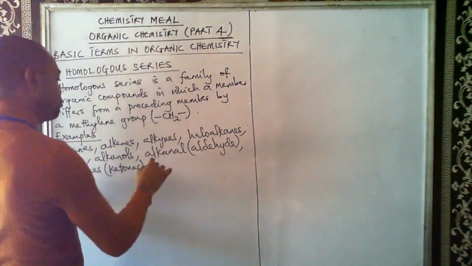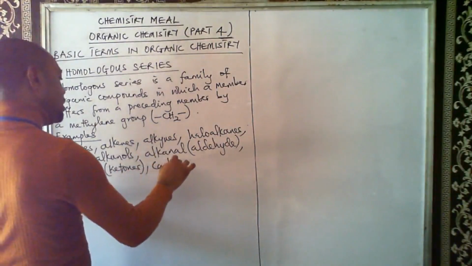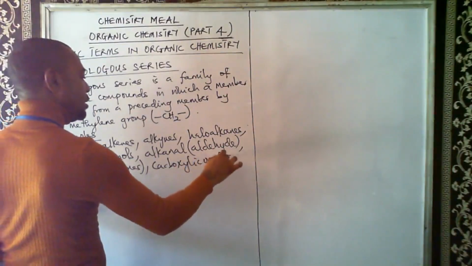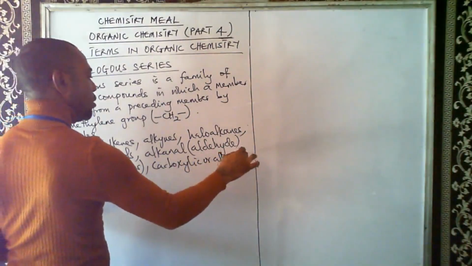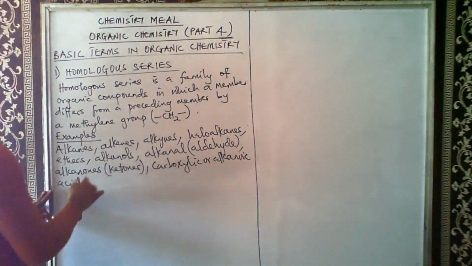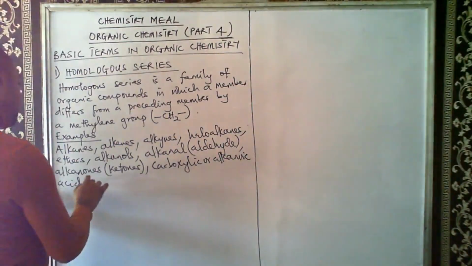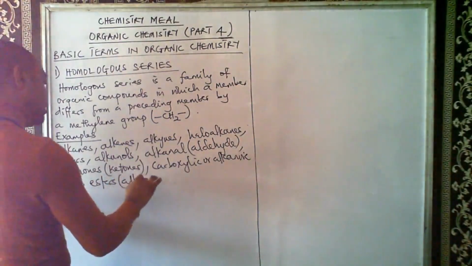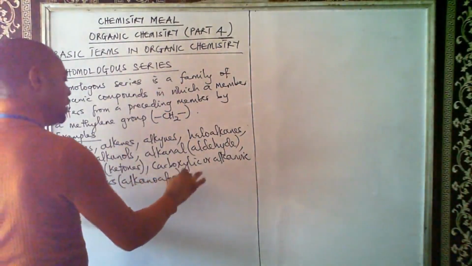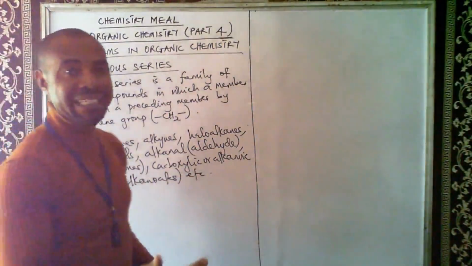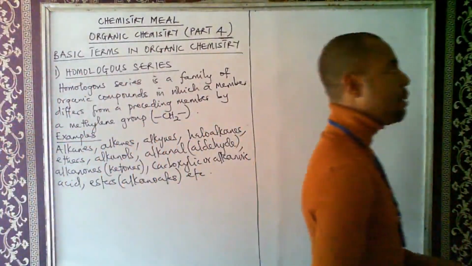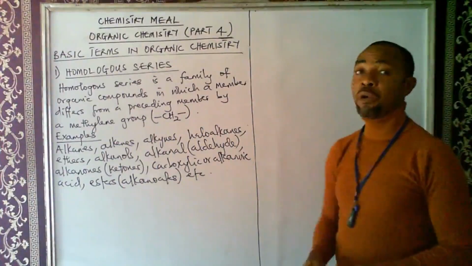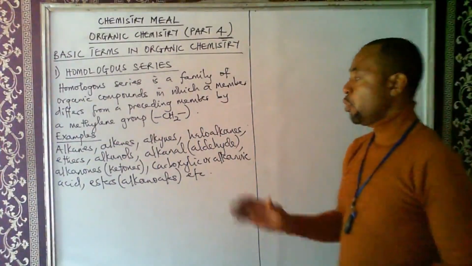Then we have the carboxylic acid, or the alkanoic acid. We have the esters, which you also call the alkanoates, and so on. We have the amides and the nitriles. All these are different homologous series.